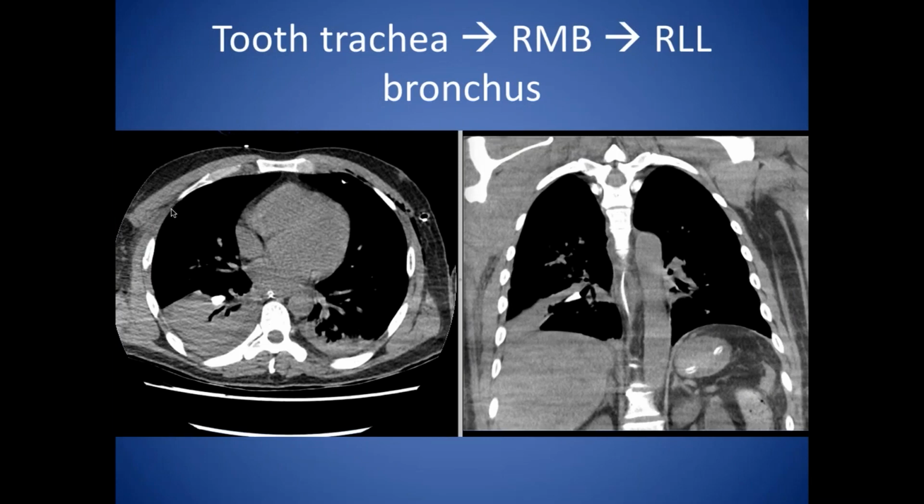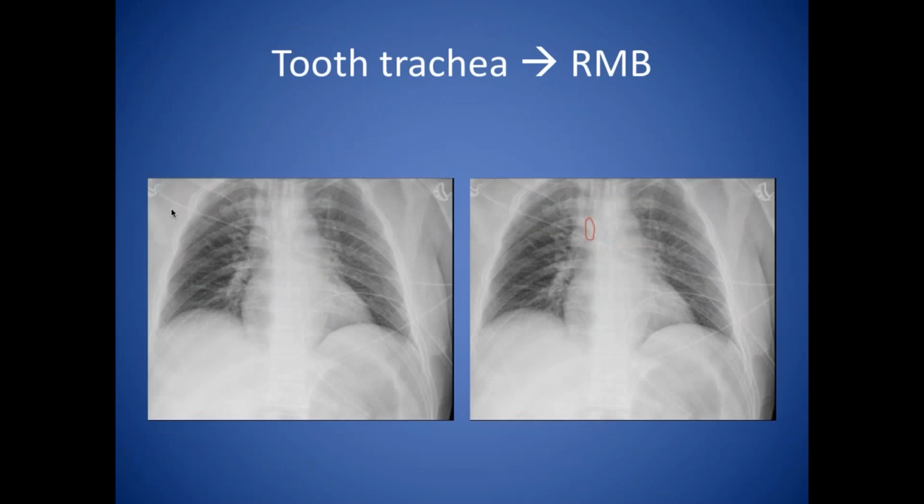And you can actually see that the tooth, which was in the trachea, has now migrated into the right lower lobe bronchus, leading to right lower lobe collapse. It's very difficult to see the tooth, even with retrospect. But if you look at the chest radiograph, you can see the tooth in the lower trachea on the original post-intubation film.